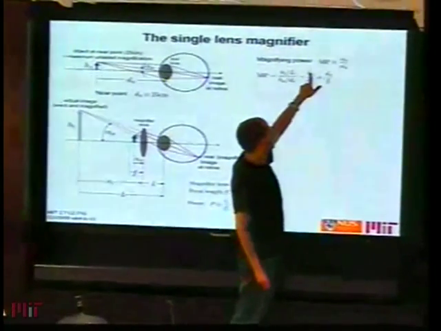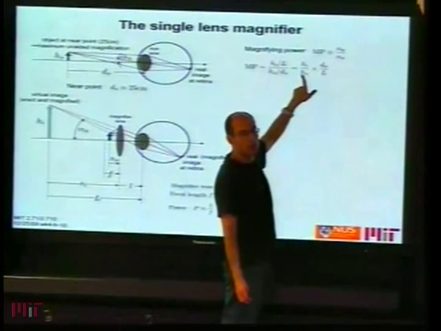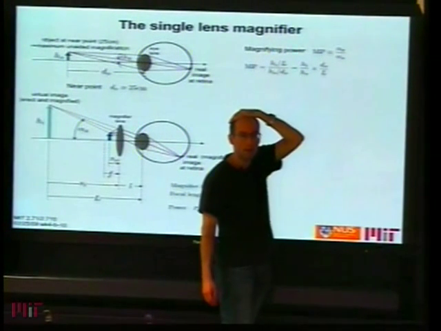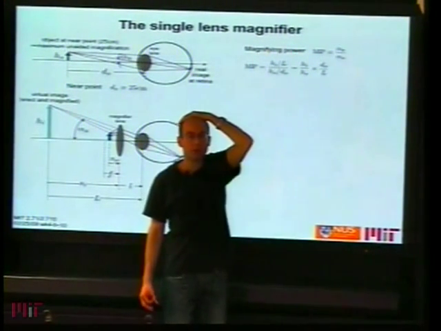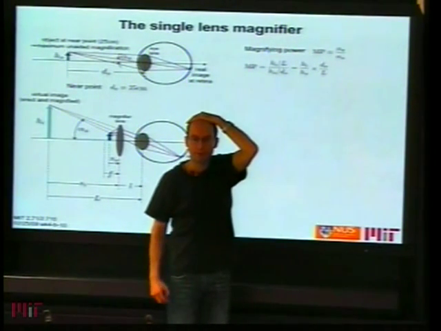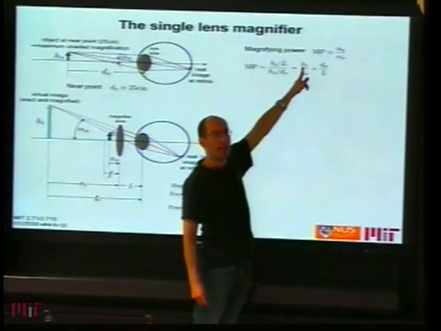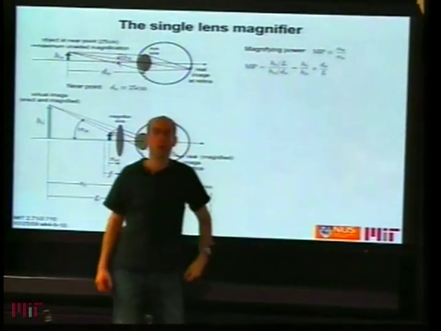It's easy to do. And what did we call this quantity when we did the imaging condition? Lateral magnification. That's right. This is what we used to call the lateral magnification. It is the ratio of the size of the image over the size of the object.